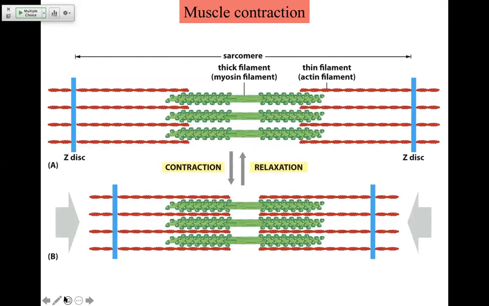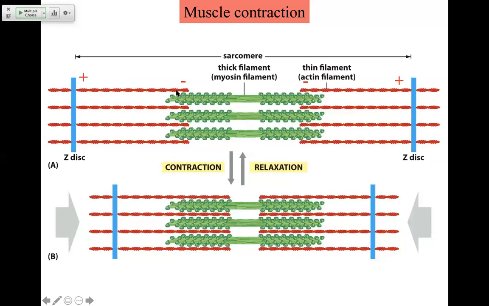And so what we have is, if we blow up again our sarcomere, and I'm going to add the orientation of our filaments. Here's the plus end attached to the Z disc. All of these thin filaments, all of these actin filaments, have their minus end facing towards the center of the sarcomere.